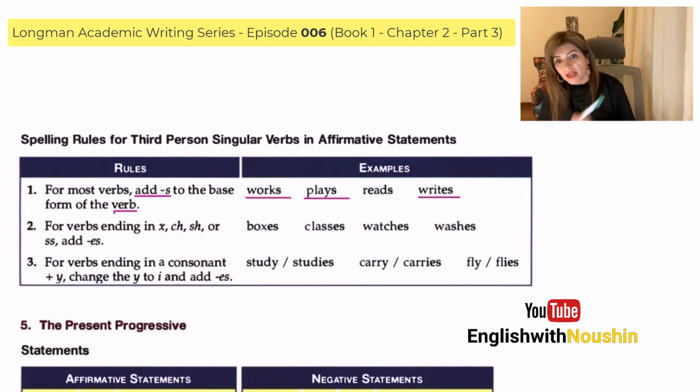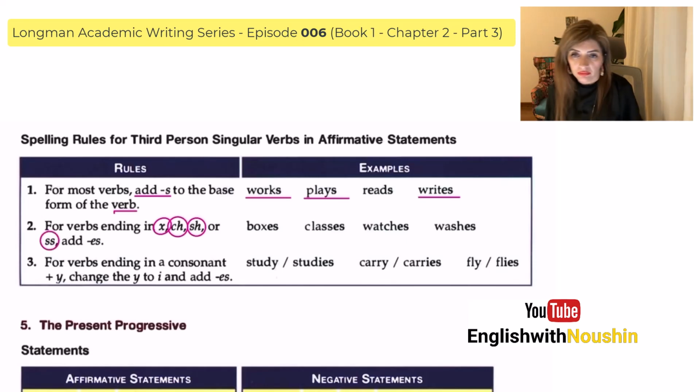However, if your verb ends in X, CH, SH, or double S, you add ES. That's it. Like boxes, classes, watches, washes.